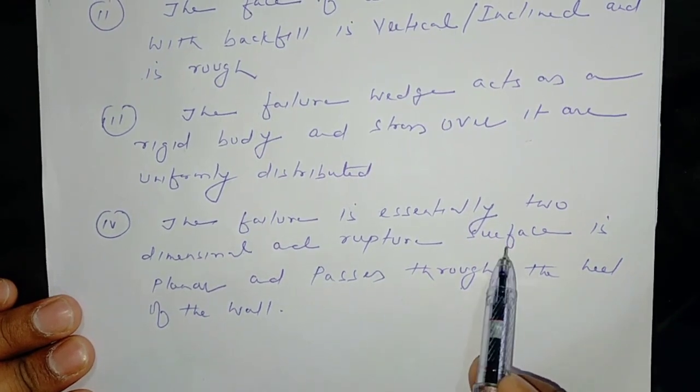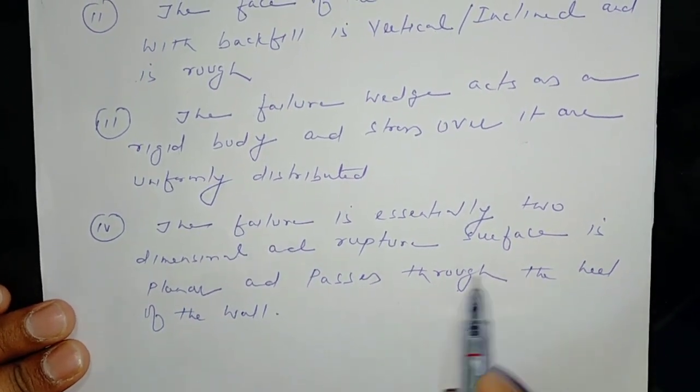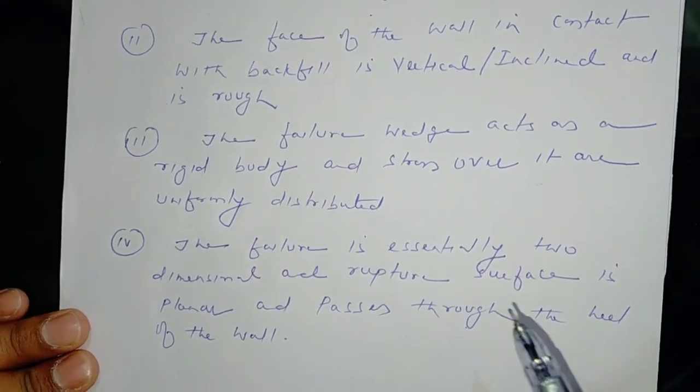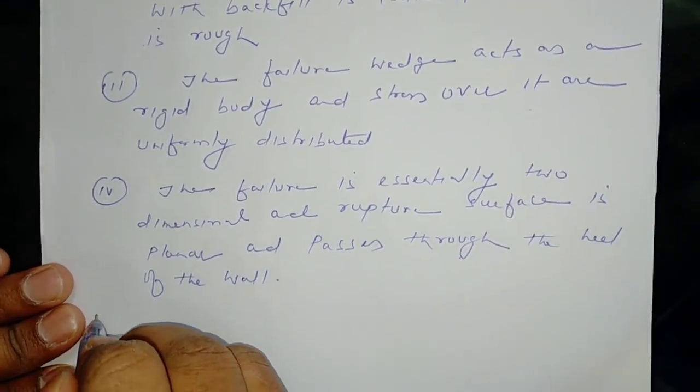The failure surface is essentially two-dimensional and the rupture surface is planar and passes through the heel of the wall. So the failure surface passes through the heel of the wall.